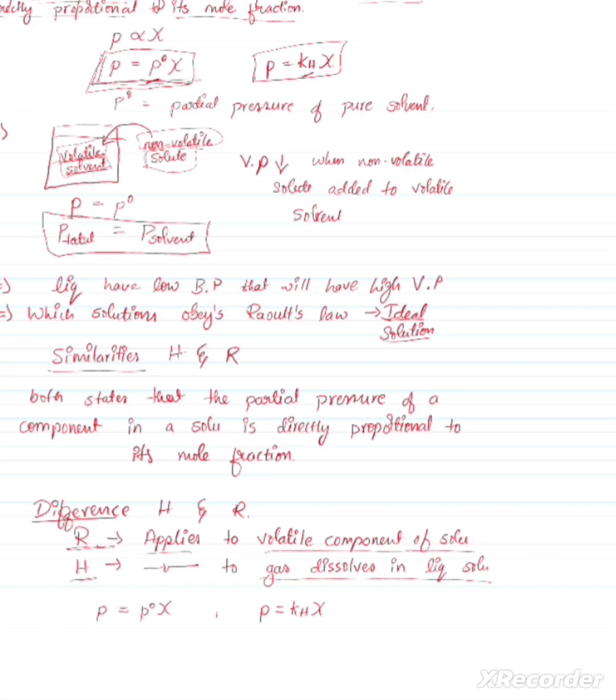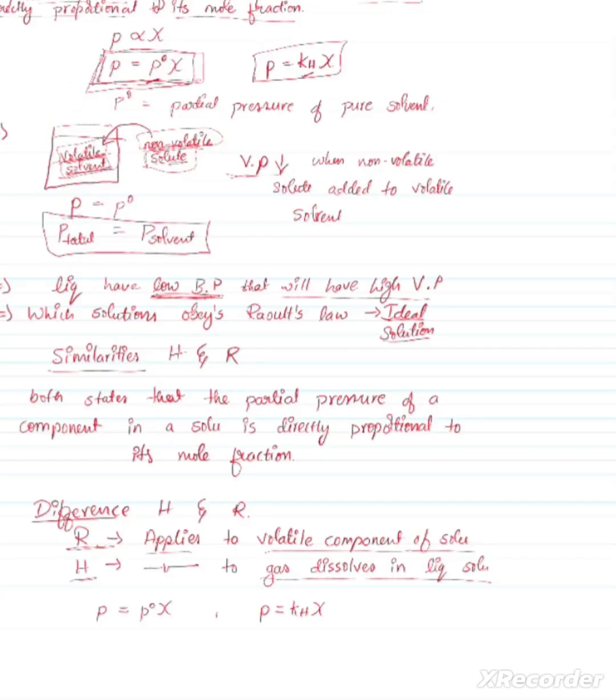Then the mathematical expression. Then what will happen when a non-volatile solute is added to a volatile solvent? The vapor pressure will decrease. Then total pressure is directly proportional to the solvent. Then which liquid has a low boiling point?